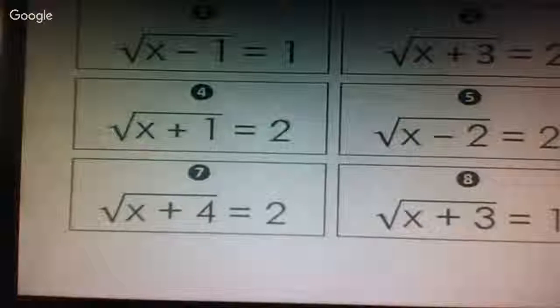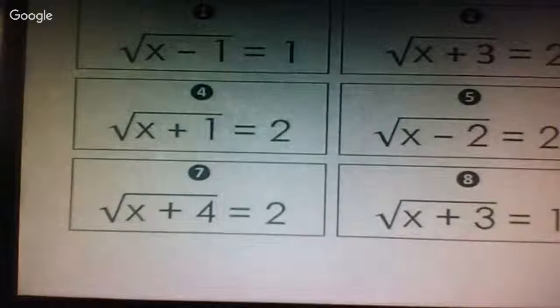Okay. So you need to match each one of these with a graph. Oh. Okay. So you're going to glue. Technically, I wanted you to cut all these out, but we really don't have time to do that. So we can put this on 122 and the other one on 123.